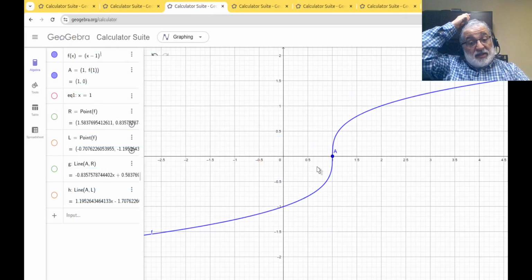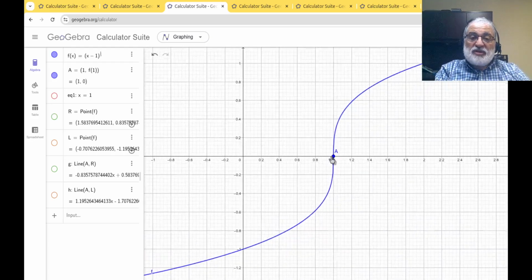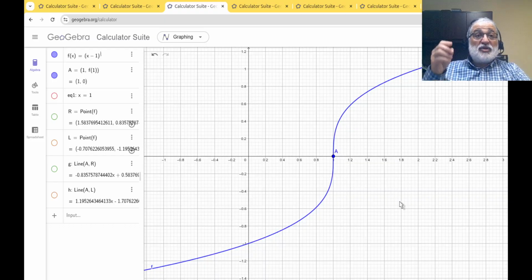This function is essentially a transformed cubic root function. Don't worry about what the function is, but look at what happens at point A right here. It's still at 1 and 0 in this case, and this point is defined because the cubic root in this case is 0. So we have a defined point. But the tangent in this case is a vertical line.